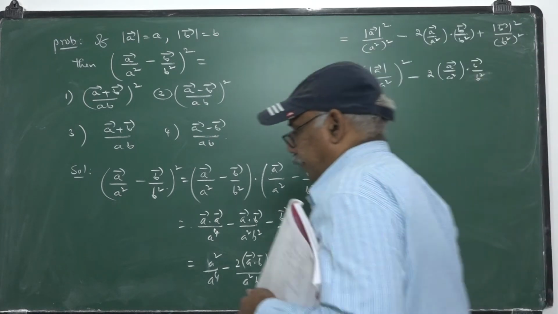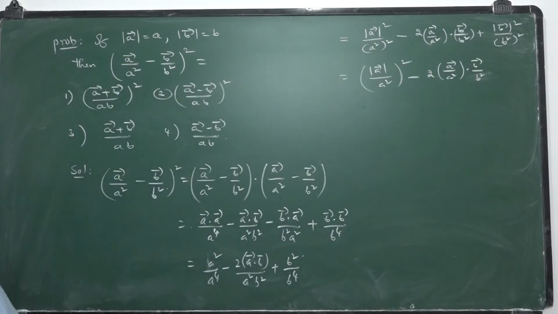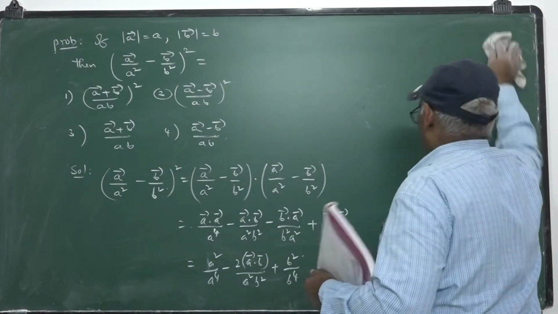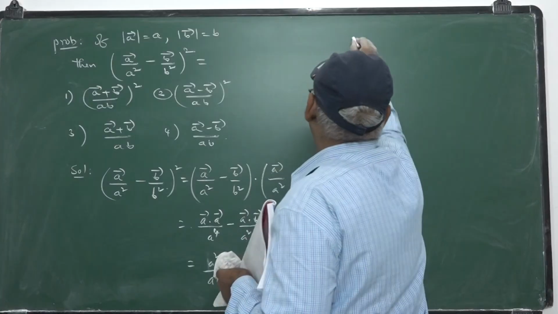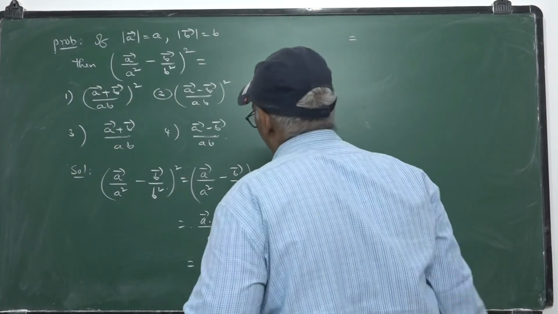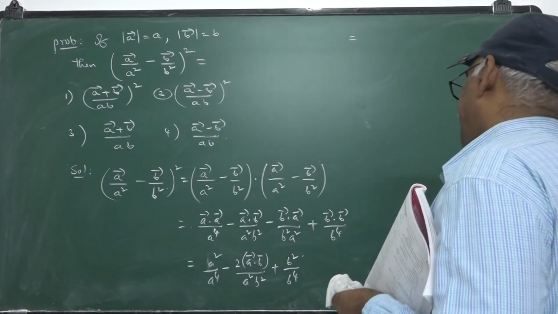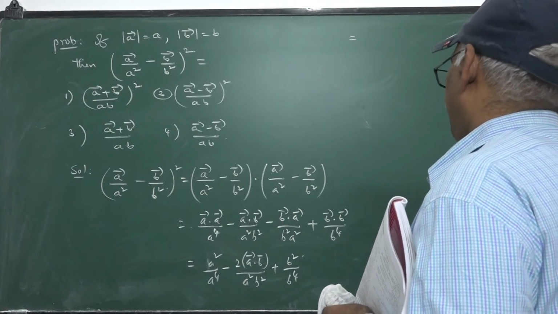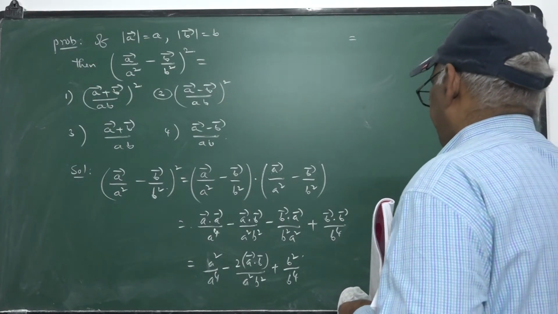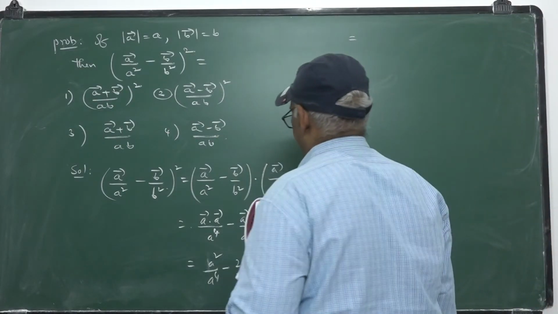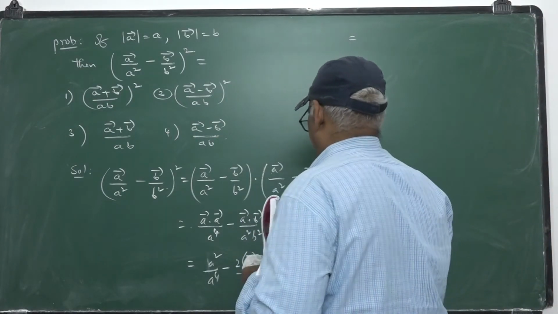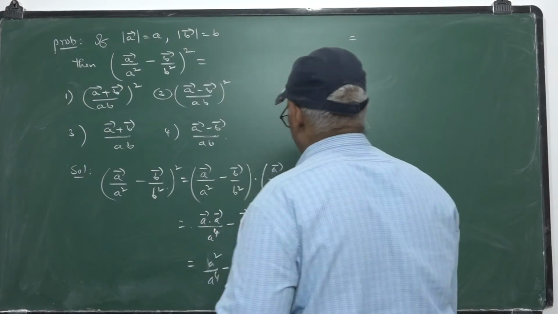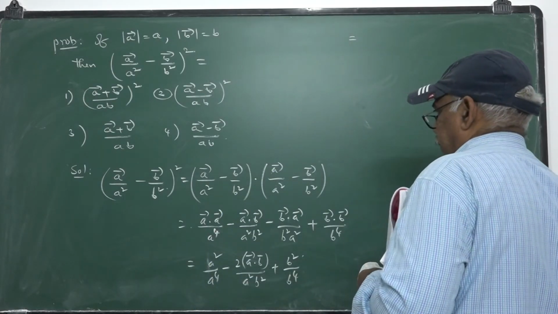That should be different, of course. Okay, let us take like this: a power 4 a square, a power of 4, 1 by a square, 1 by b square minus a dot b by a square b square.